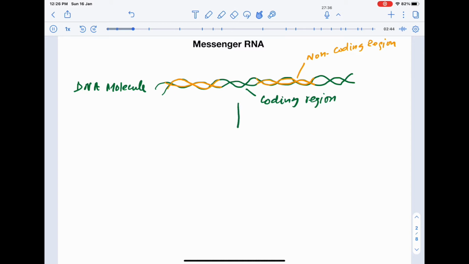During transcription, one of the strands acts as a template strand. To see more details, you can watch another lesson on transcription. So this is a template strand. This template strand has coding and non-coding regions on it.